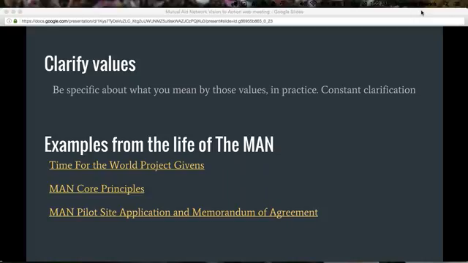Be sure you're discussing very thoroughly. And as our board president, John Rogers, says, you need constant clarification. What do you mean by those values in practice? And continually revisiting and making sure you're on the same page. And then being able to communicate those, and being willing to communicate those, to the world.